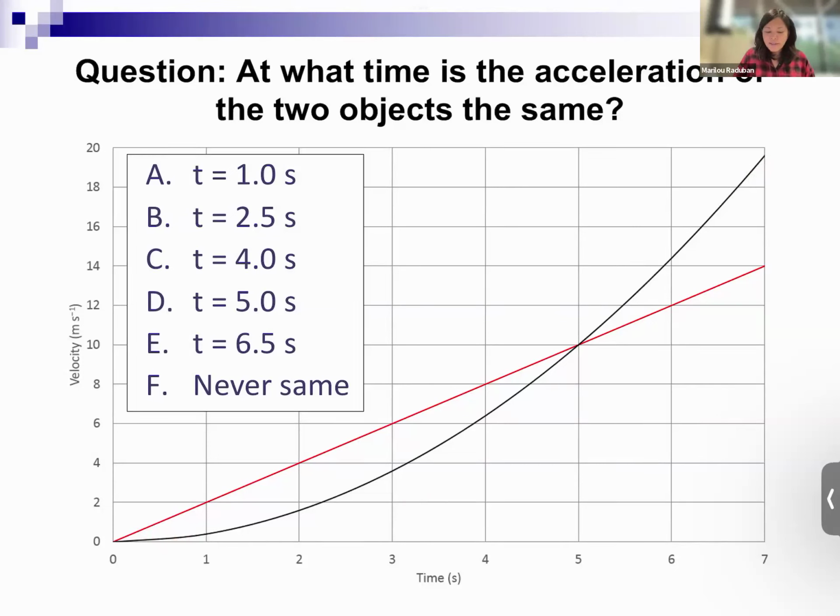We want to find at what time the instantaneous acceleration is the same for the 2 moving objects whose graphs of motion are represented here. You have choices for the times: 1 second, 2.5, 4, 5, and 6.5 seconds. Or do you think that their instantaneous acceleration will never be the same?